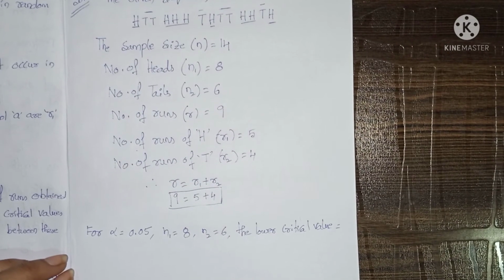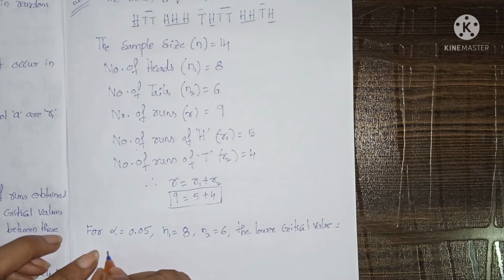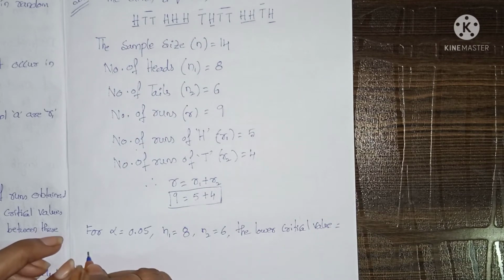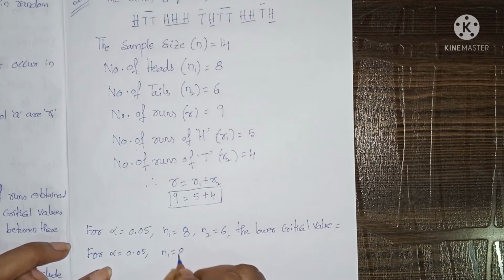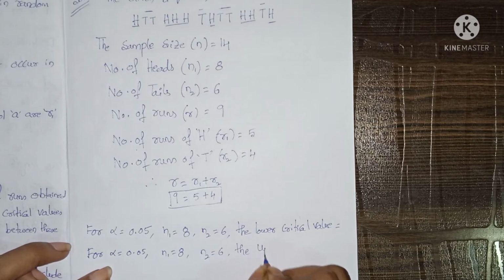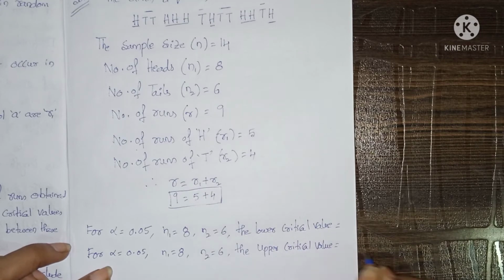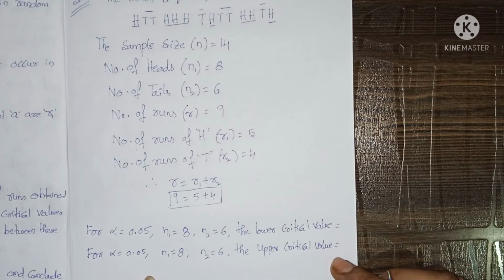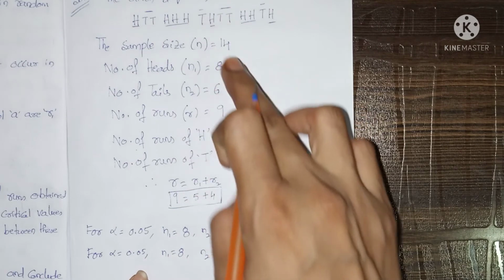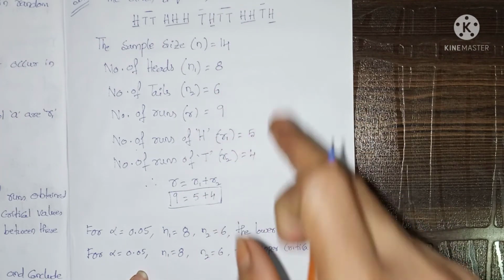Like that only, next we have to see for 0.05, n1 equals 8, n2 equals 6, the upper critical value equals. Now we'll see these two values. After that we'll decide whether we accept that the given series is in pattern or not.